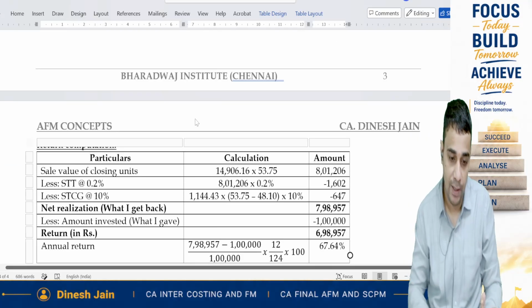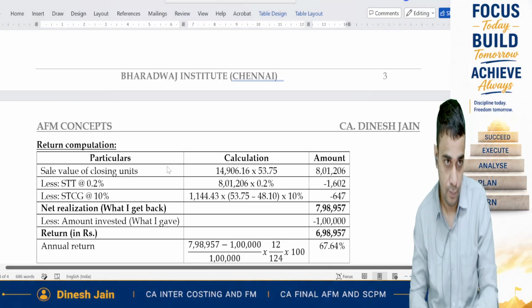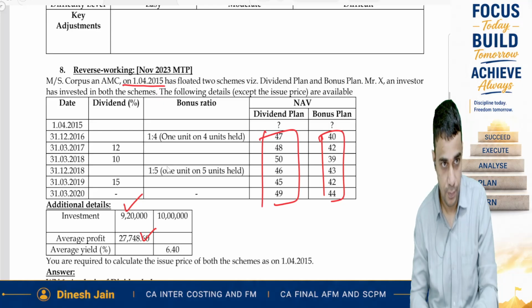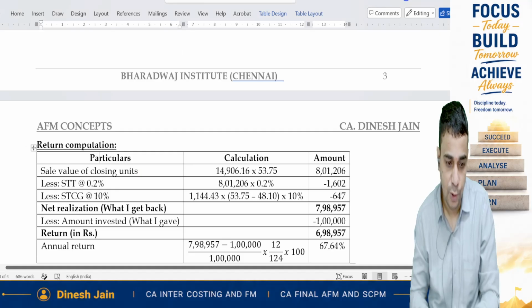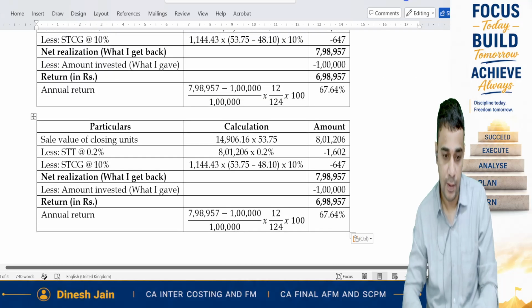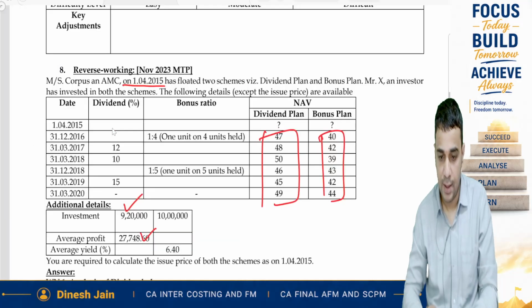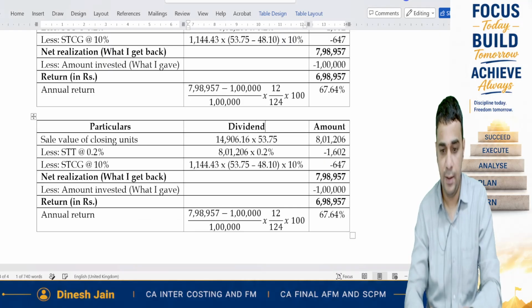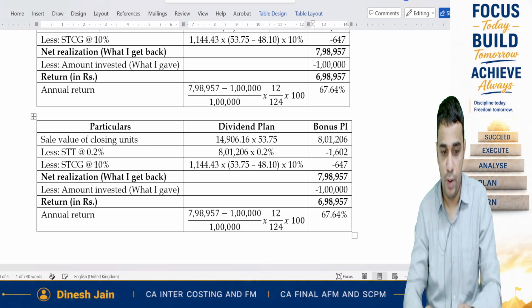Now do this table. One year profit. Yeah, correct. Particulars and two plans: particulars, dividend plan, bonus plan.